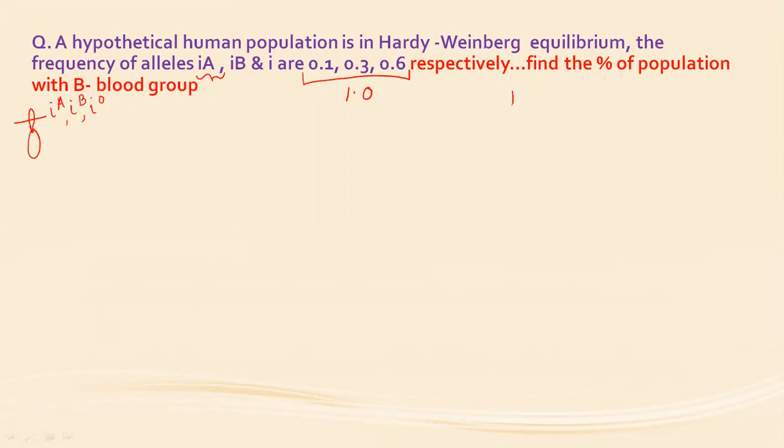The equation we use for the Hardy-Weinberg principle is p + q = 1, or (p + q)² = p² + q² + 2pq. If you take the allele frequencies as p and q, this will be satisfied. But this particular equation will not help you find the answer to this numerical problem.